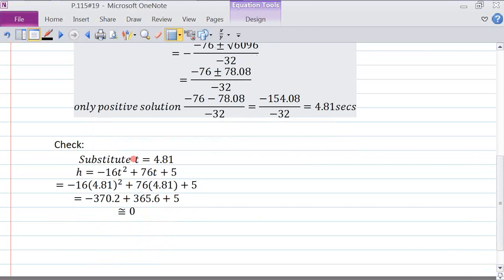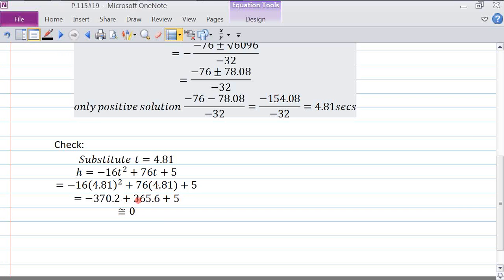So if I substitute to check this value, 4.81, into the original equation, I get minus 16 times 4.81 squared plus 76 times 4.81 plus 5. So this whole term works out to be minus 370.